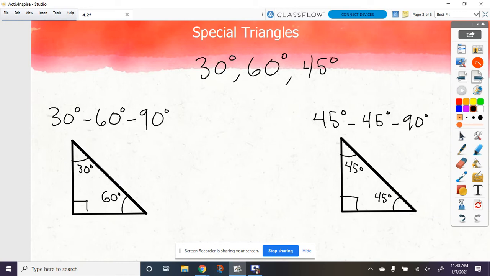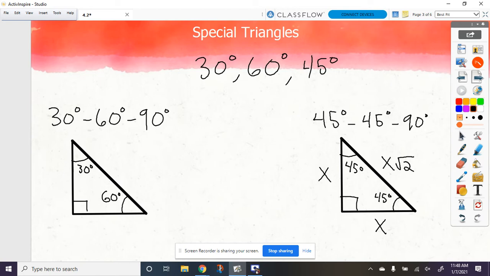And so that one's a little bit easier, because I know that whatever my bottom side is, my other side will also have to be the same. Now we don't know what it is, so we just leave it as x, but we know they have to be the same. And then the other side, or our hypotenuse side, is x square root of 2. So it's whatever number or length that other 2 sides are times the square root of 2.